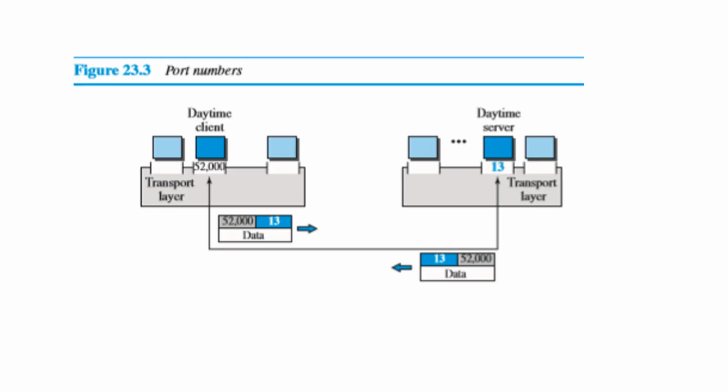In the TCP/IP protocol suite, the port numbers range from 0 to 65,535. That means the port number is 16-bit, so 2 power 16 comes to around 65,535.